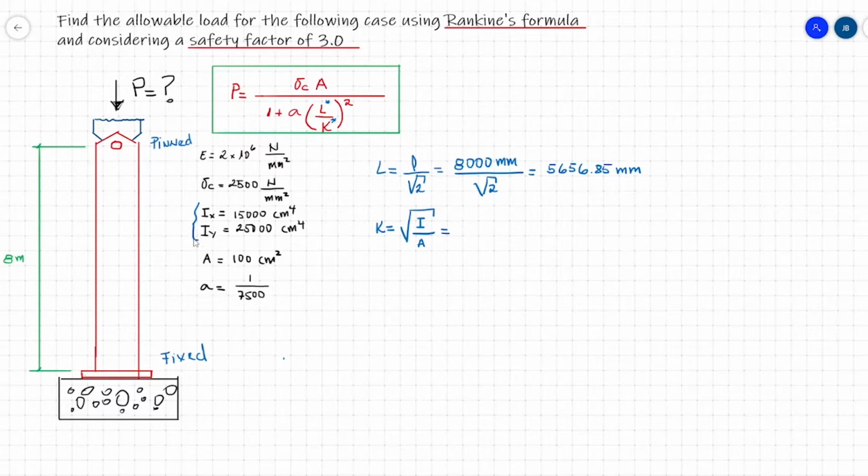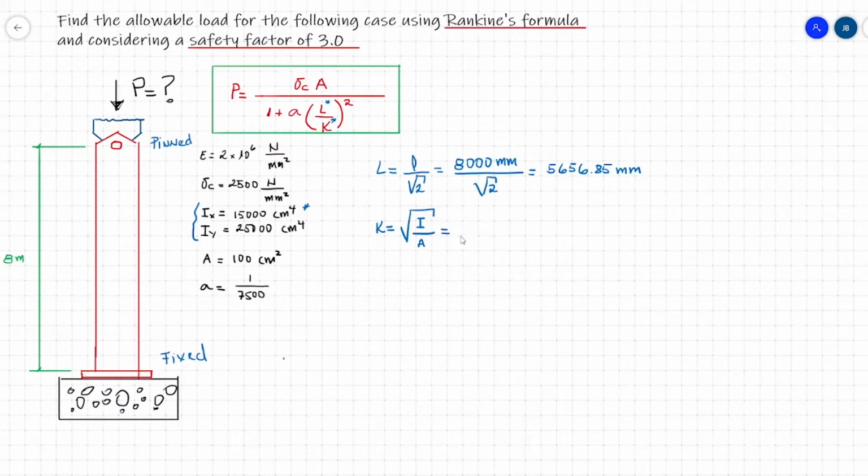Definitely when you are trying to determine, in a simplistic way, the weakest direction you have in the column, then you have to use the one that gives you the smallest moment of inertia. So in this case, the smallest moment of inertia is given in the rotation around the x-axis.